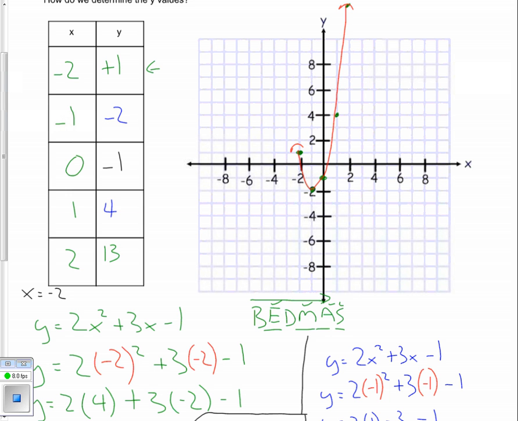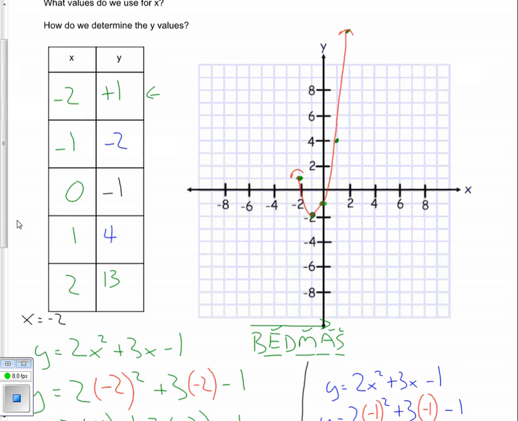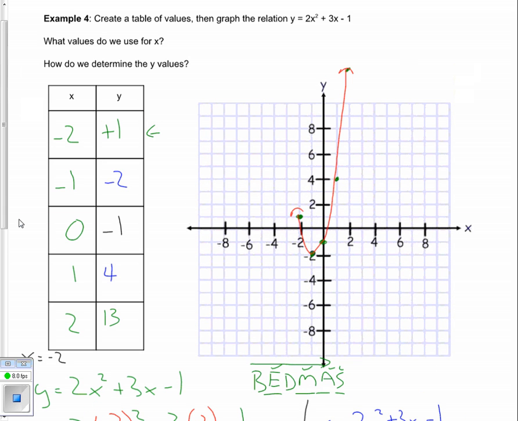It's just that we don't have all of the data for either the left or the right-hand side. Okay, and so what we've done is we've been able to create a table of values given an equation. Again, the equation that we were given was y equals 2x squared plus 3x minus 1. And then we substituted in consecutive values for x to discover the y values, and then we were able to graph them from there.